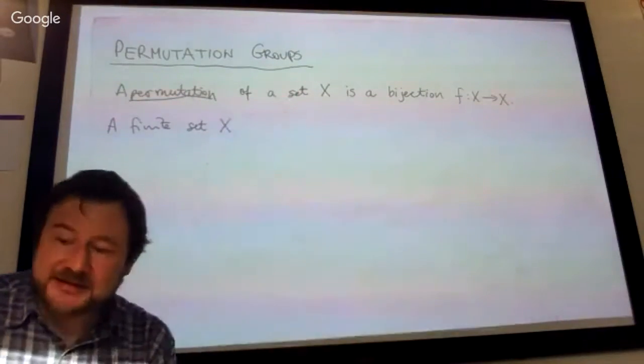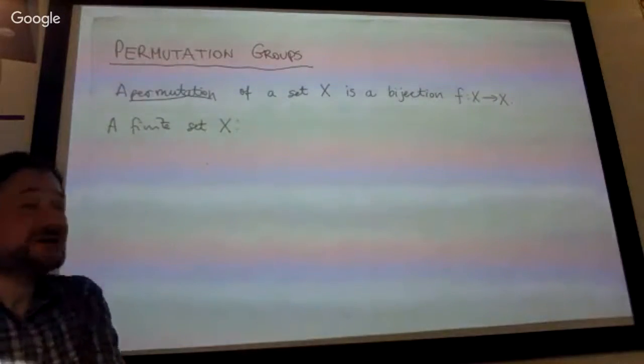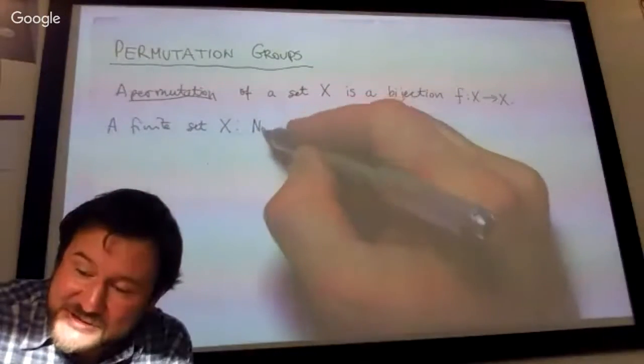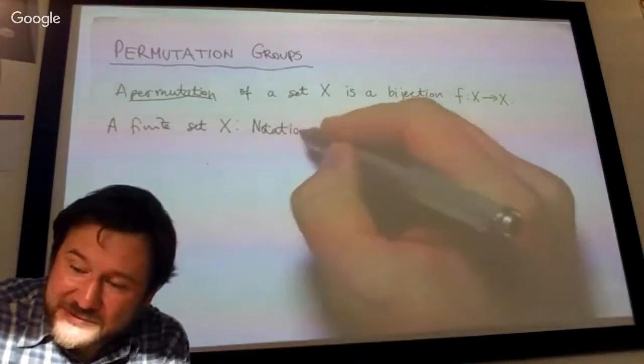Now, when you have a finite set X, have you seen this notation perhaps with Killian before?